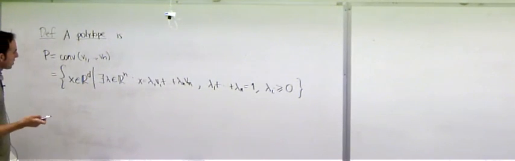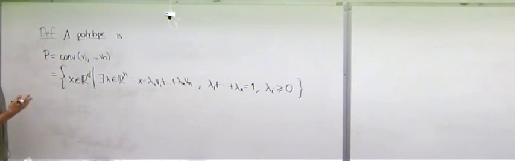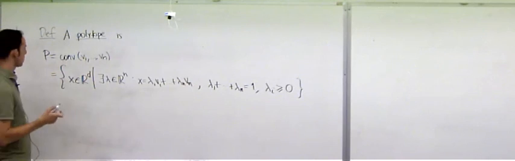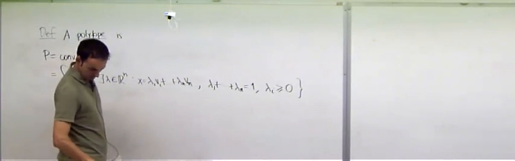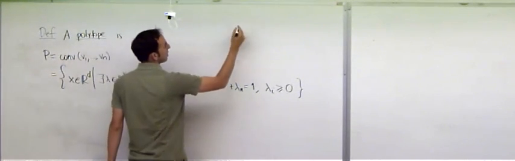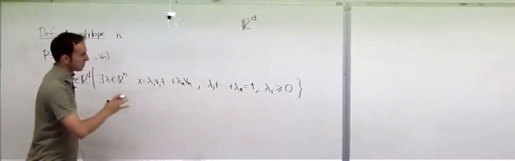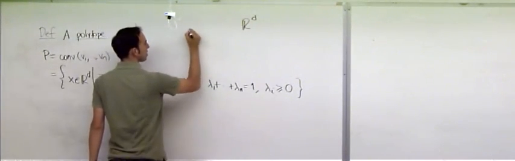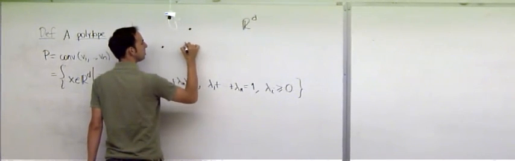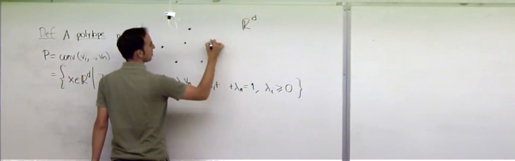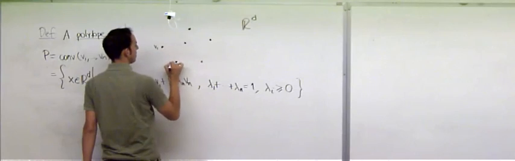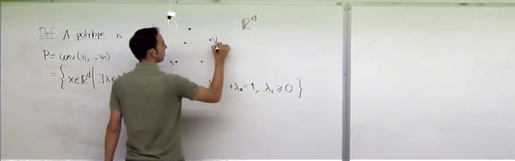And what I need to justify to you now is why this matches our intuition of what a polytope is. In other words, maybe we're in R^d, and I'll just draw a two-dimensional picture because that's the easiest. So you have some collection of points, V1, V2, up to Vn. Okay?